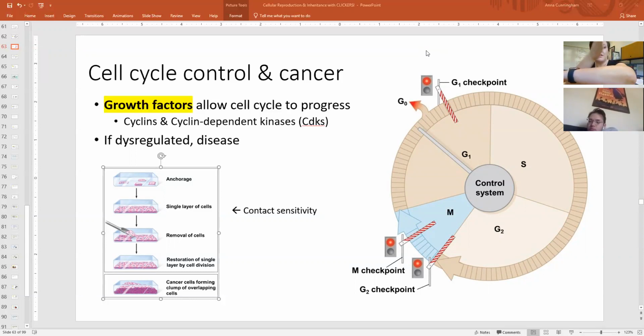But what happens is if you get a cut in your skin, those cells basically grow until they contact each other. So you go from a cut and your skin grows until it contacts the skin on the other side. And then really importantly, because it has contacted the other side of the skin, it stops growing. That's called contact sensitivity.